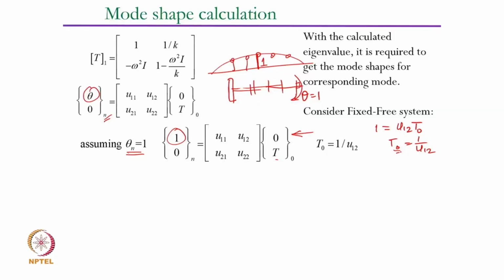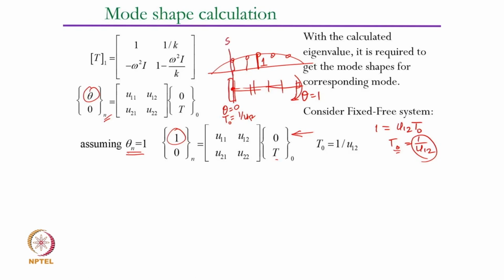Now, in the fixed-free condition, theta was equal to 0 and torque was not known, which was T naught, which you have now found out to be 1 by u12. This actually means that the state vector here is completely known, right? So, the state vector at the fixed end is known.